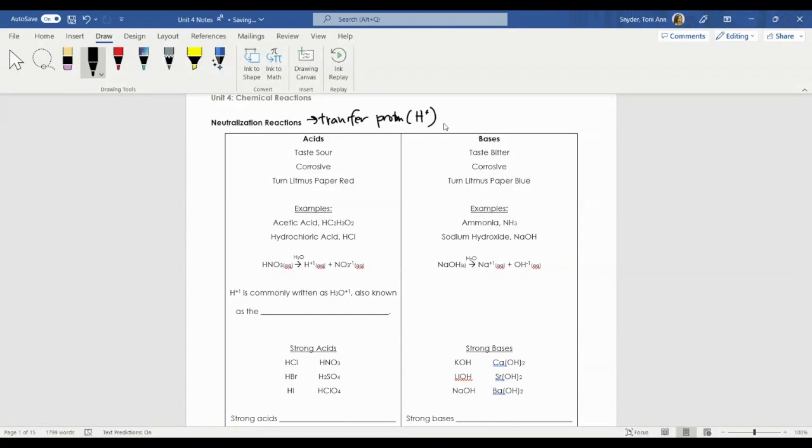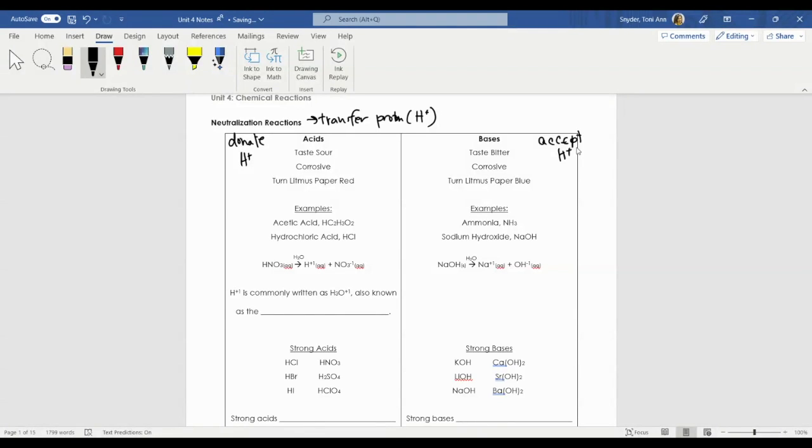I just went ahead and came up with an organizational chart that differentiates between acids and bases. Acids, like we said, tend to contain protons. So these, we'll say, donate protons, whereas bases will accept the protons. Acids tend to taste sour.